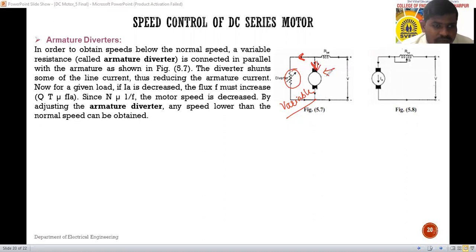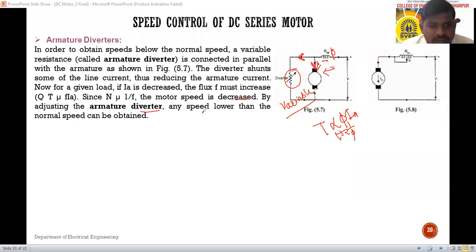If Ia decreases, the flux phi may increase according to the relation: torque is constant, torque is directly proportional to phi into Ia, and N is inversely proportional to 1 upon phi. So the speed of the motor decreases by adjusting the armature diverter.